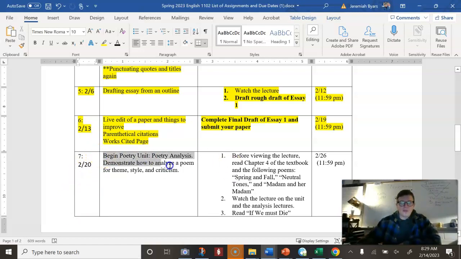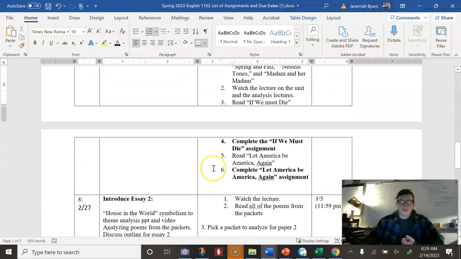Unit 2 is our poetry unit. You will be reading poetry this unit, and you will be writing your second paper on some poems that you analyze. And so we'll be working towards that.